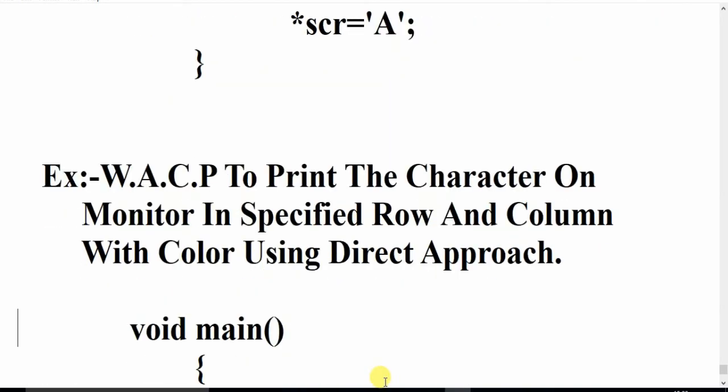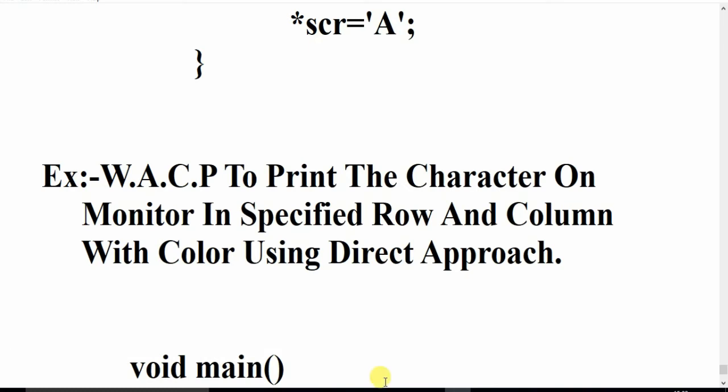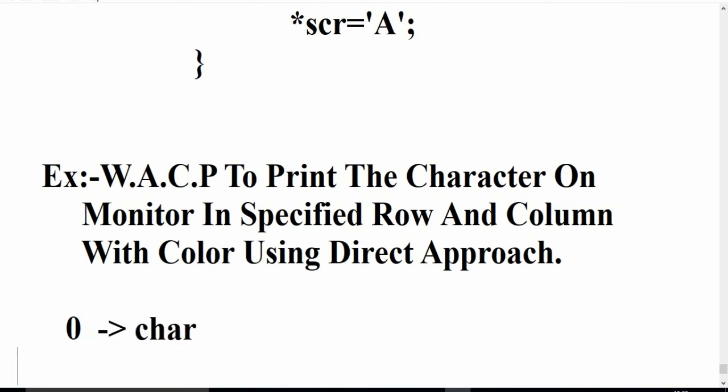Earlier we said that 0xb8000000 is the address of the 0th row of the 0th column. Remember one thing here: to write a character on the monitor, it takes 2 bytes of memory. The first byte, the 0th byte, is used to write the character on the monitor.